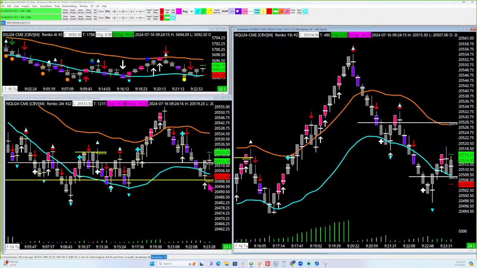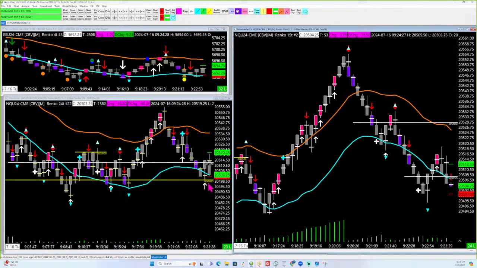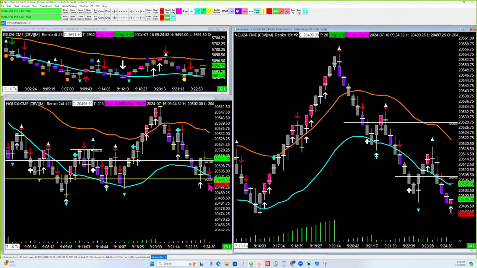Come on, 16 print. Nopey, nopey, nope. Stopped. I'm good with that. I'll take my RR on that trade.